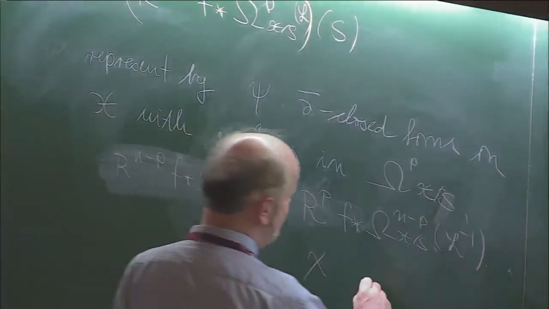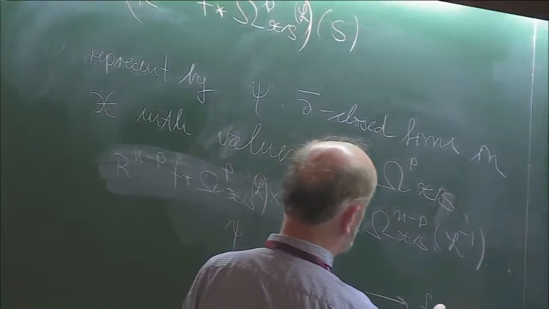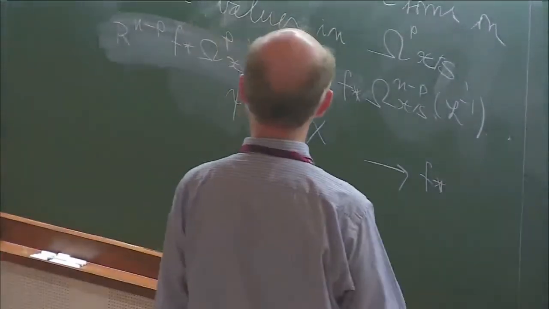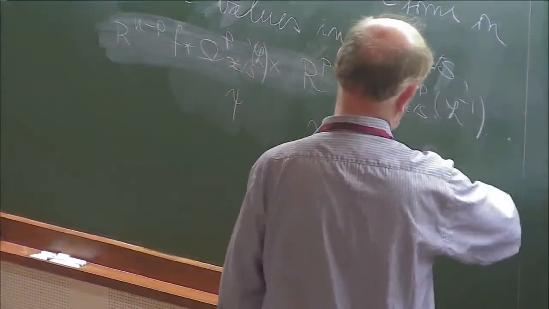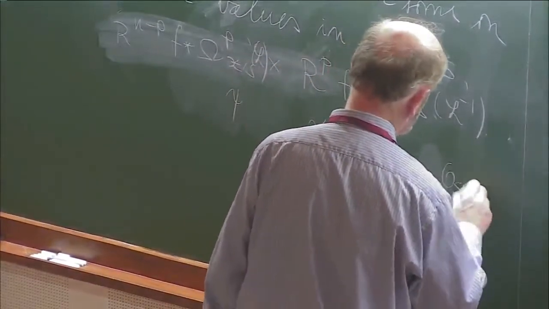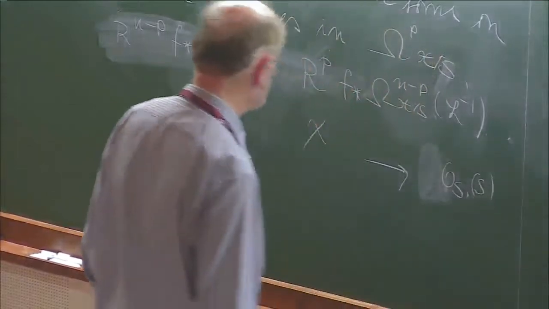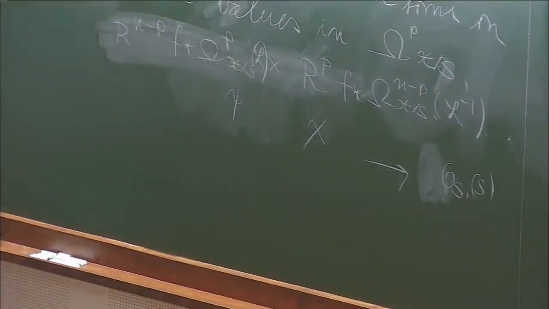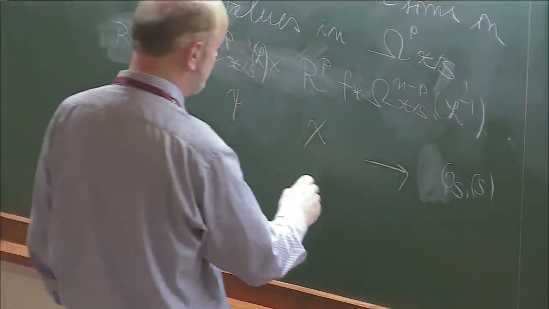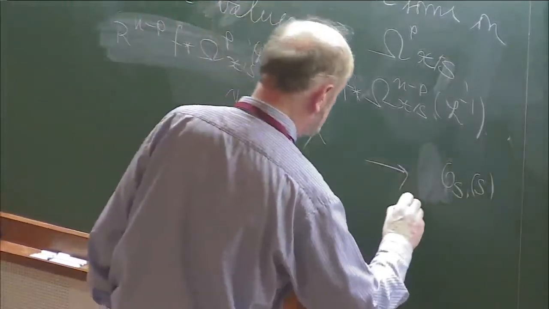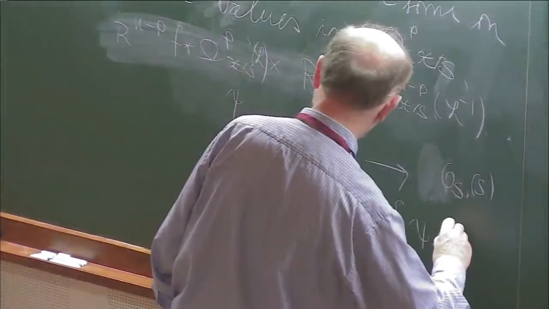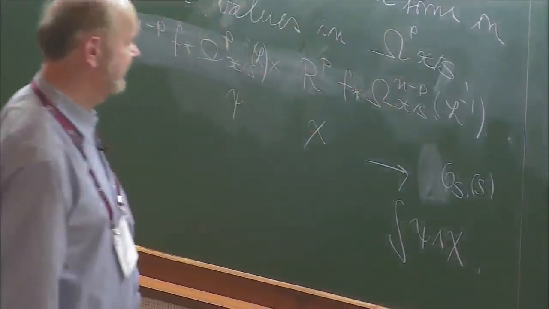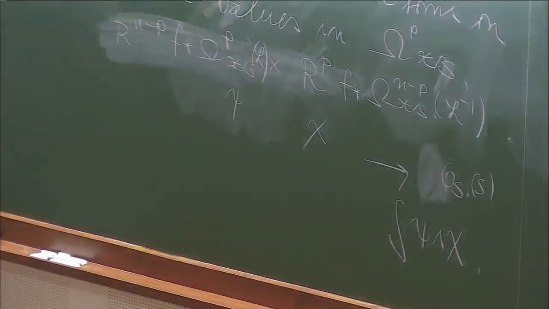And then this goes to F lower star of, well, something, and in the end we get O_S of S. And this thing is just given by the fiber integral, psi wedge chi. So as an exercise, we can see the duality for such sheaves.